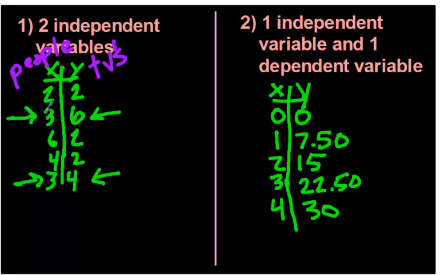Another set says that 3 people had 6 TVs. Another group that came was 6 people and 2 TVs. Another set was 4 people and 2 TVs. And another set was 3 people and 4 TVs.